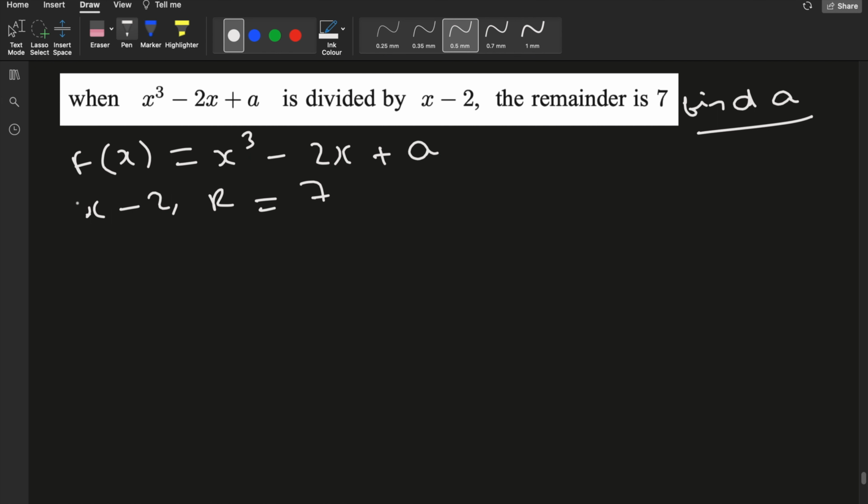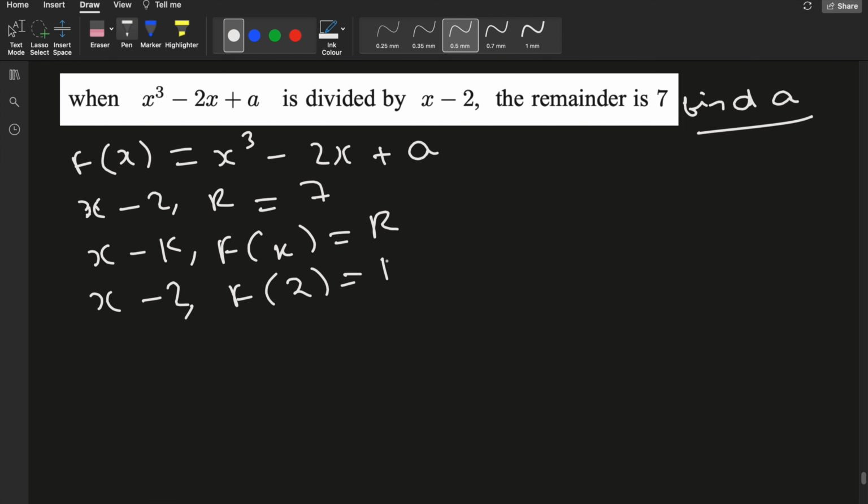So we know that if the divisor is x minus k, then f of k equals r. So let's write x minus 2, f of 2 would equal r, implies that f of 2 equals 7. So let's substitute this.